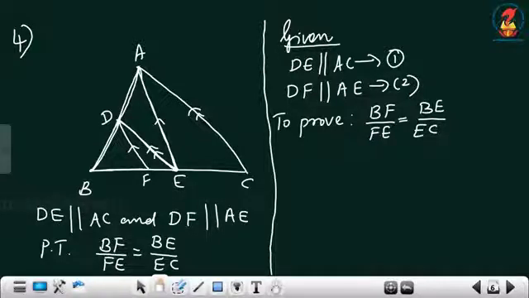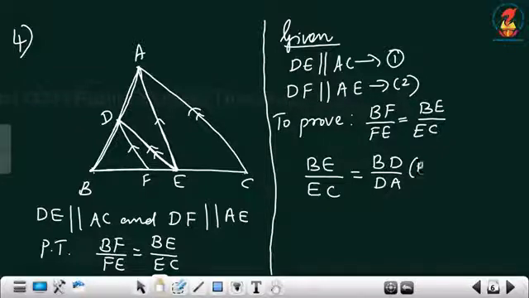First, it is given that DE is parallel to AC, means we have to consider the full triangle ABC. So, DE is parallel to AC. So, BE by EC is equal to BD by DA using BPT. Mark this as equation 3. This is using 1.